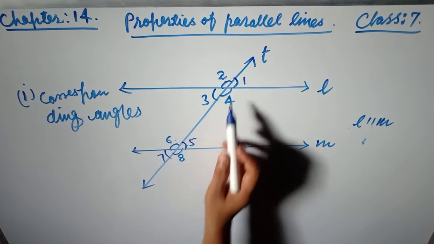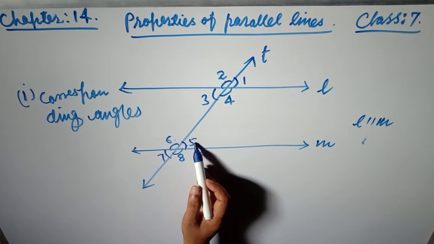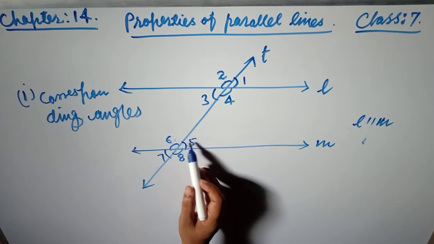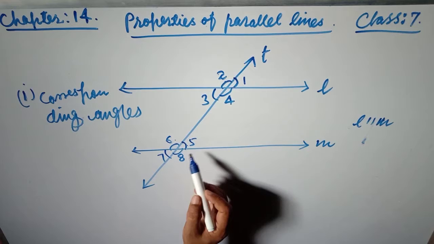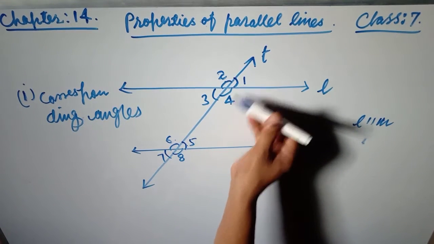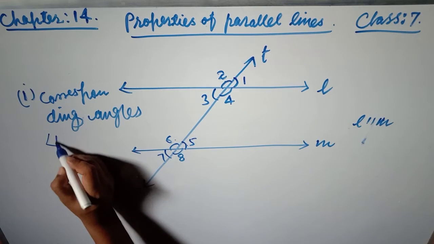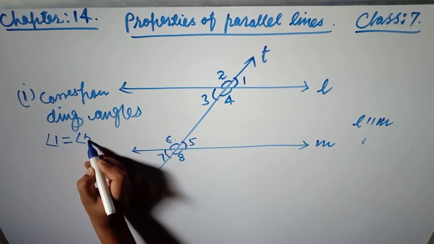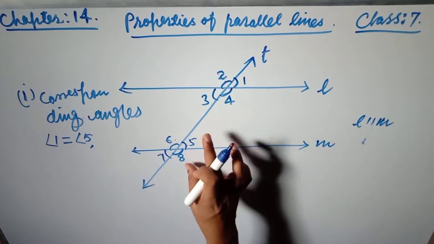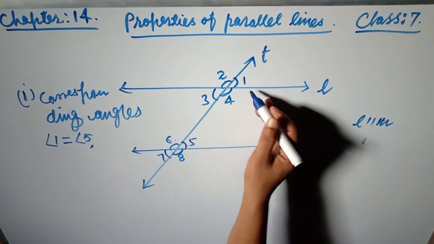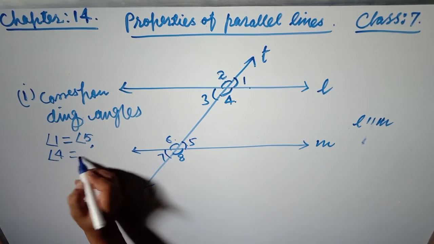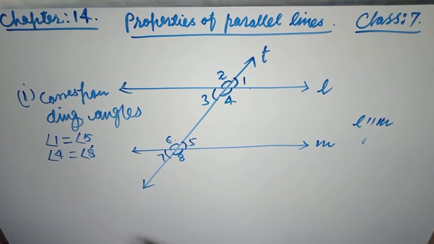They are on the same side of the transversal and just above the line, so the corresponding angles are equal. Now another, look at angle 8 and angle 4, both on the same side of the transversal and just below the line, so angle 4 is equal to angle 8, which are corresponding angles.